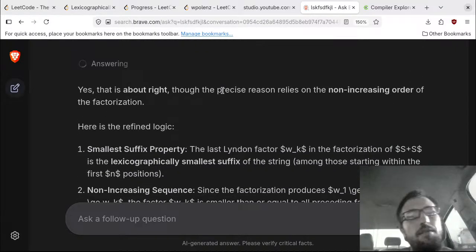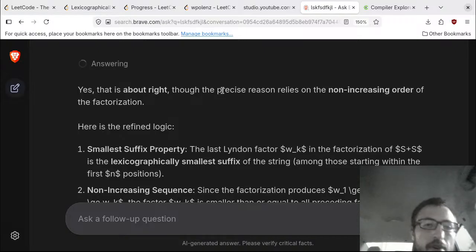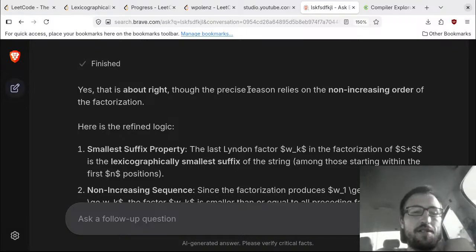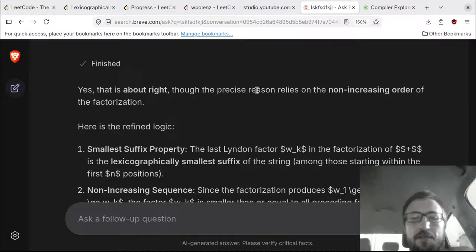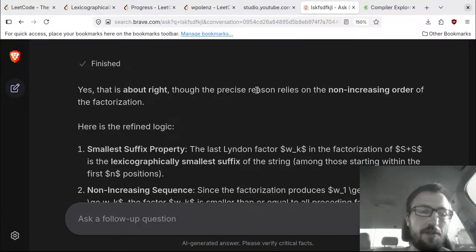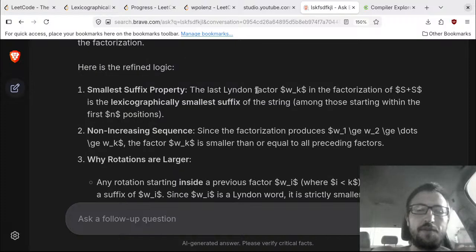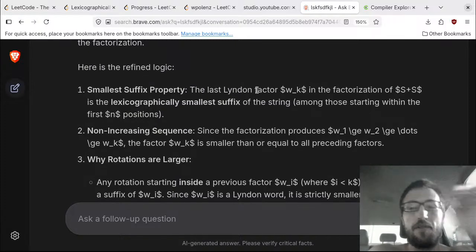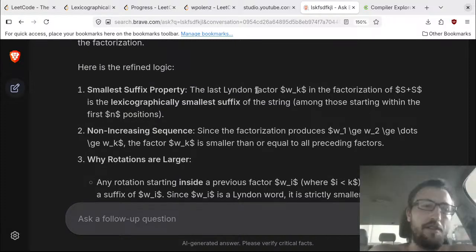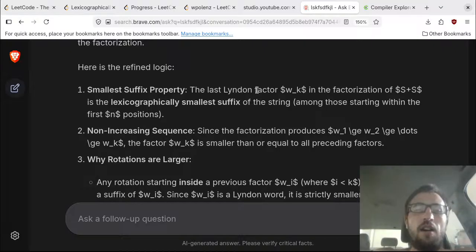Here's the refined logic. Smallest suffix property: the last Lyndon factor in the factorization is the lexicographically smallest suffix of the string among those starting within the first n positions. Non-increasing sequence: the factorization produces w sub 1 greater than or equal to w sub 2, all the way down to w sub k. The factor w sub k is smaller than or equal to all preceding factors.